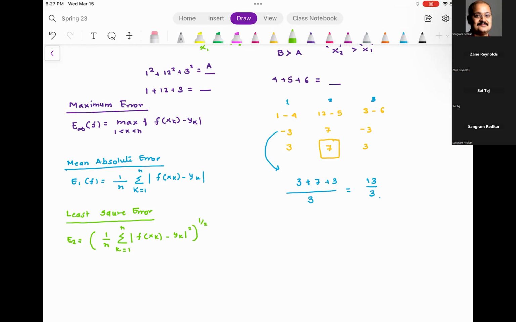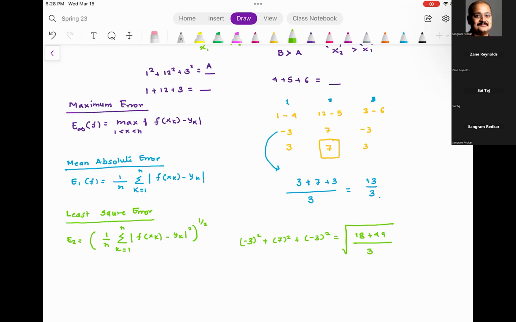So if I were to perform this, this is going to be something like 3 square plus minus 3 square plus 7 square plus minus 3 square. So 18 plus 49, divided by 3, and I would do the square root. So this is the least square error.